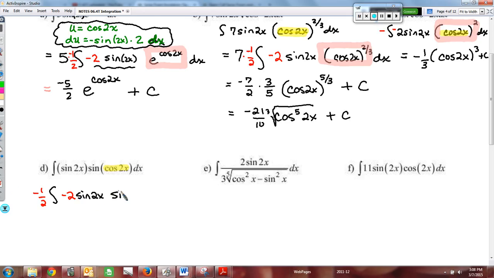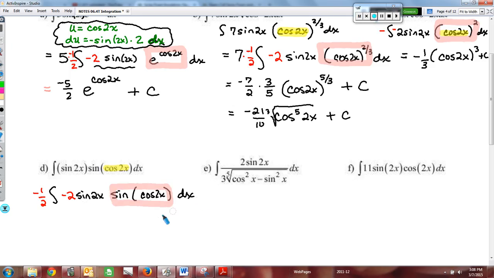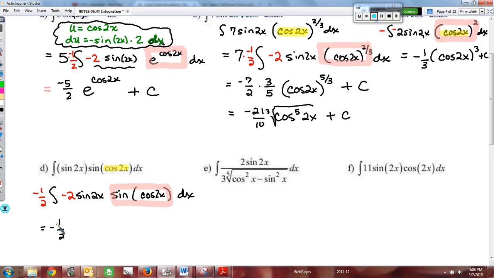And then I have my sine of cosine of 2x dx. So the box that I'm looking at is here. All the rest of the stuff I can now ignore. It's going to get packed back in as the chain rule. And I have sine of u. So I go, well, what's the antiderivative of sine of u? Bring your -1/2 down, your constant, your correction. This stuff you ignore. That stuff you ignore.